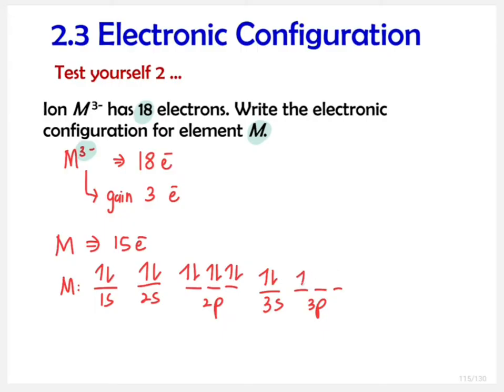Okay, 12, 13, 14, 15. Okay, jadi itu untuk M, elemen M. So, kalau kita nak tulis SPDF notation, 1s2, 2s2, 2p6, 3s2, 3p3. Okay, dah siap kita punya electronic configuration.